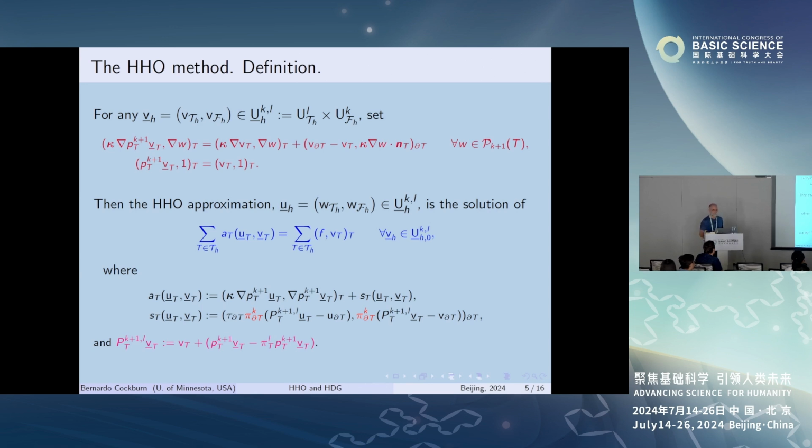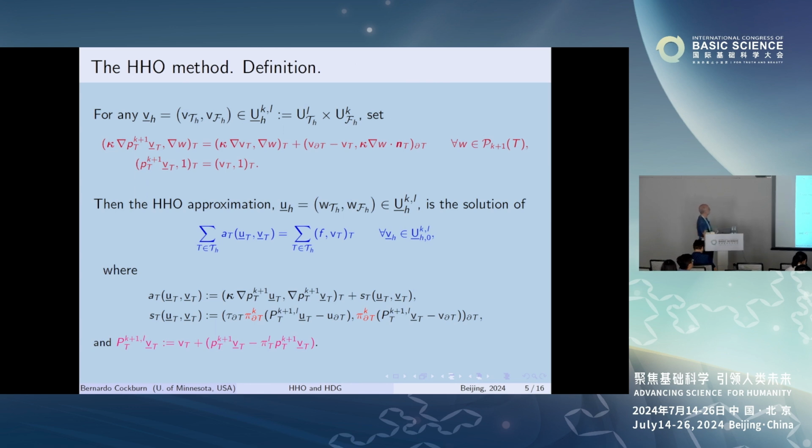Okay, so this is a little bit complicated, so I'll spend some time doing this. So let me see. Okay, so tau means the collection of all the elements, and we are going to partition the domain omega into elements, and F are the faces of the elements. So V sub tau is the part of the function that is defined inside the element, and V sub F is the part of the function that is defined only on the boundaries, okay?